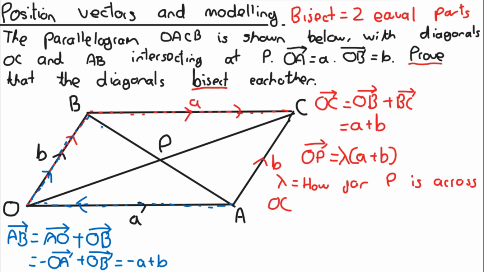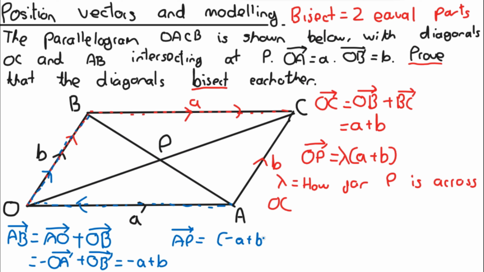So that's AB, this whole diagonal here, and let's do the exact same thing, and let's consider this smaller segment, AP. So AP is going to equal minus A plus B, and it's the exact same thing again. We know that this, if it does bisect, it should be a half, but we can't prove that.